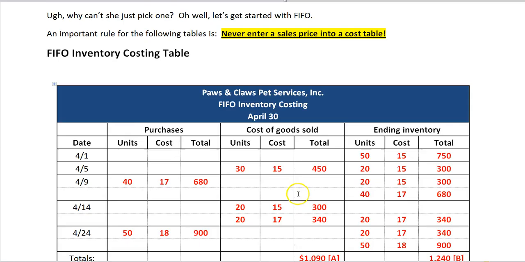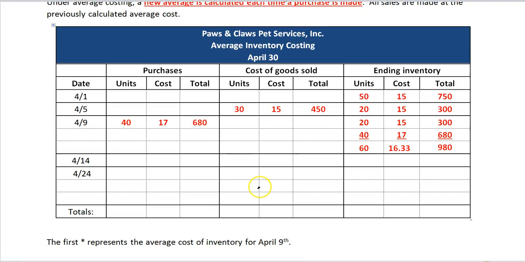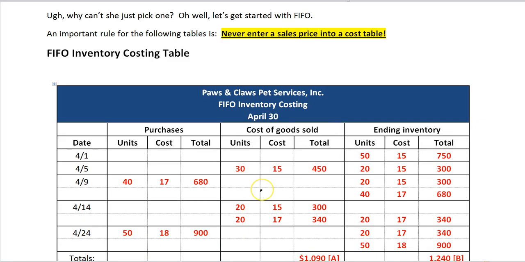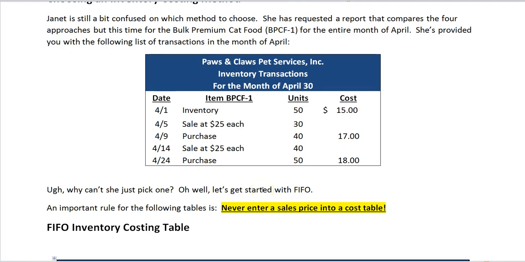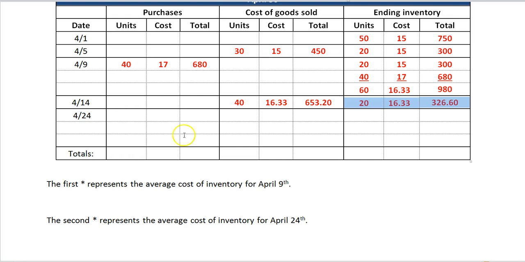Next one, we sell 40 units. We're going to sell them at 16.33. We started with 60, we sold 40, so we're left with 20 units at 16.33. On the 24th, we purchased 15 at 18. So we have 20 at 16.33.